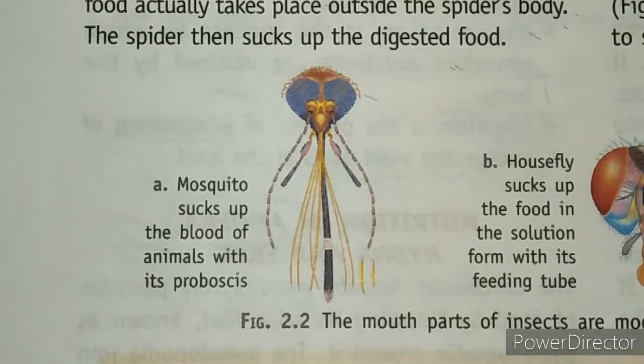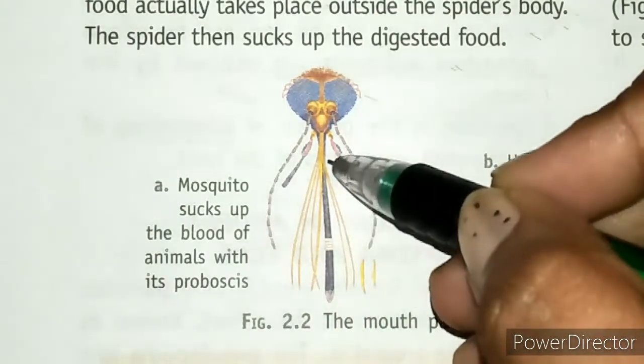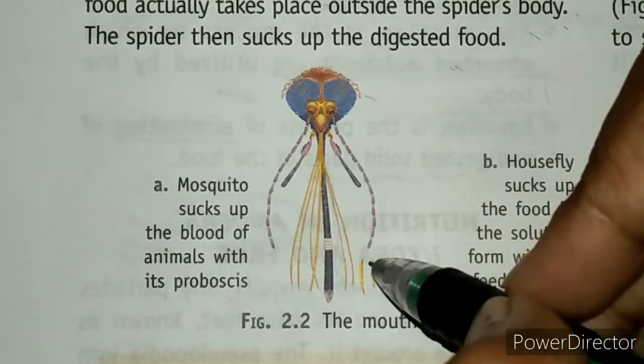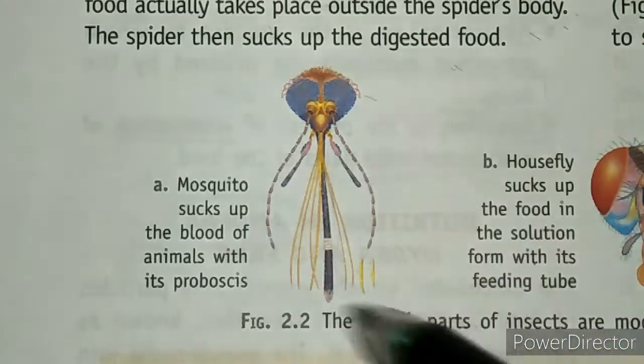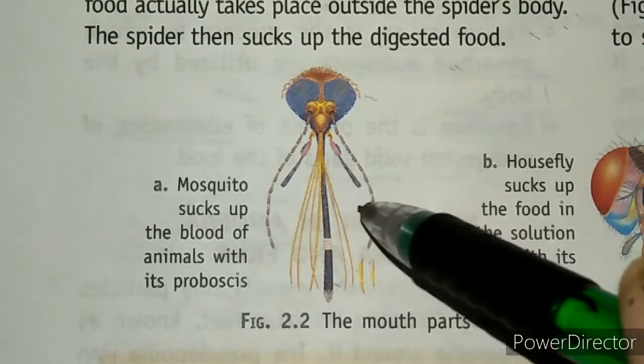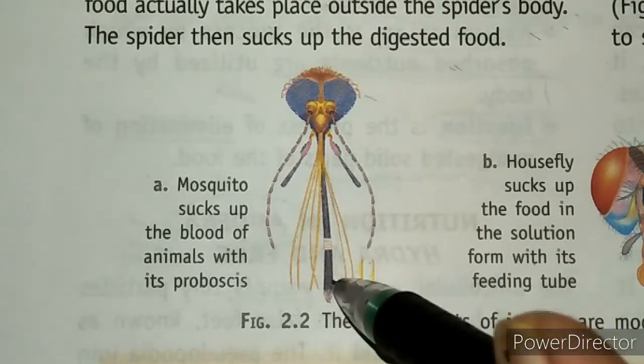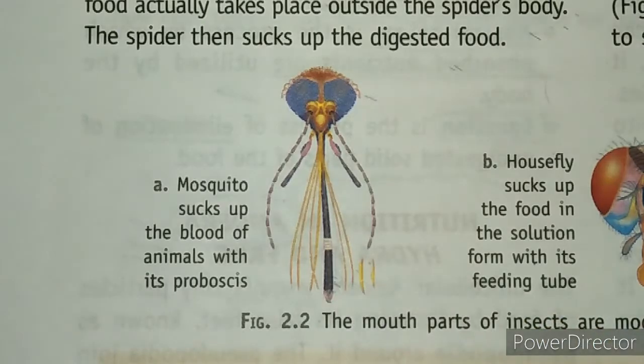The next one we have is mosquitoes. Basically the mosquito just sucks up the blood of animals with its proboscis. This long nose-like structure is called proboscis. With the help of this proboscis it snaps the animal's body and then sucks blood from the body of that animal. Got it?